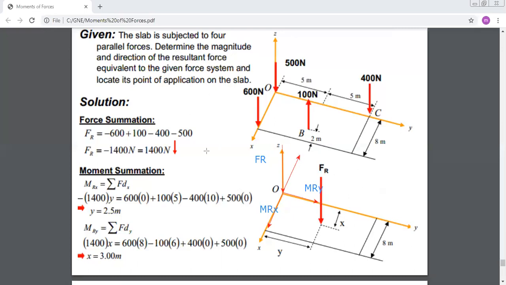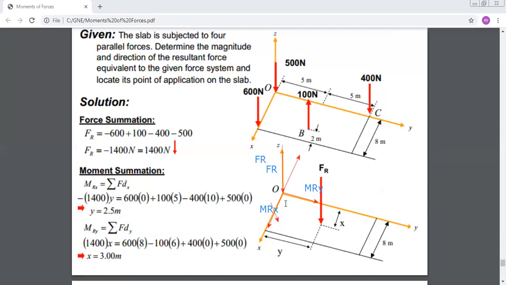Now, your second step is, so here, this is along the negative direction. The next step is, after reducing to one resultant force at O and a resulting moment about X and Y, I want to try to displace my force in a way to have only one force replacing my system.